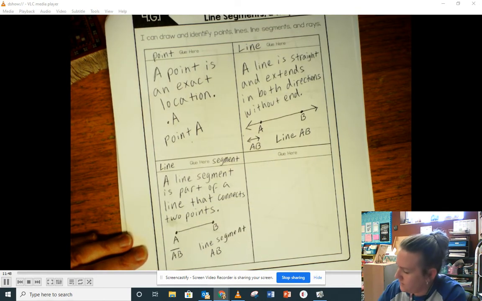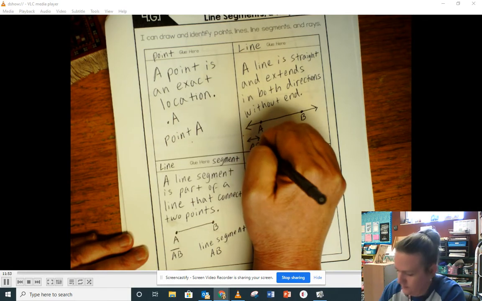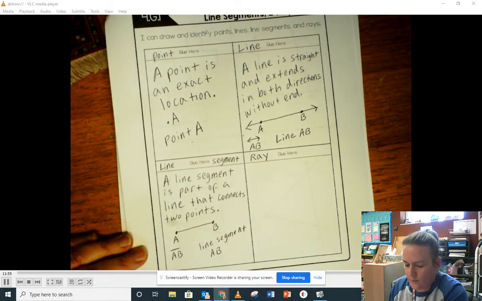The last one we're going to talk about is a ray. A ray starts at one point and continues in a straight path in one direction with no end.